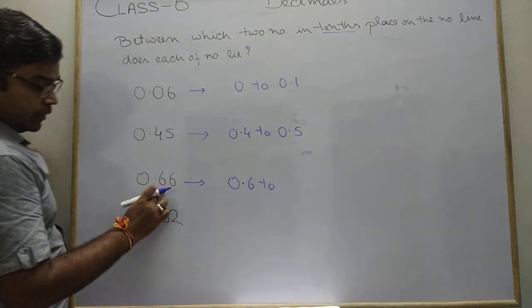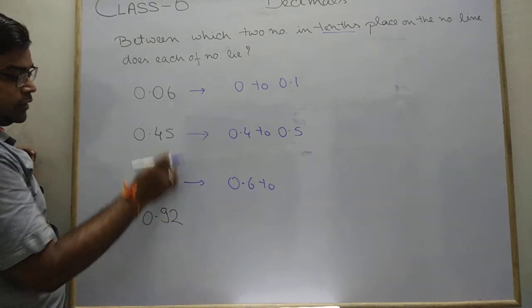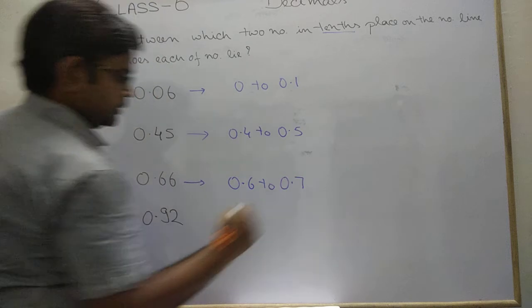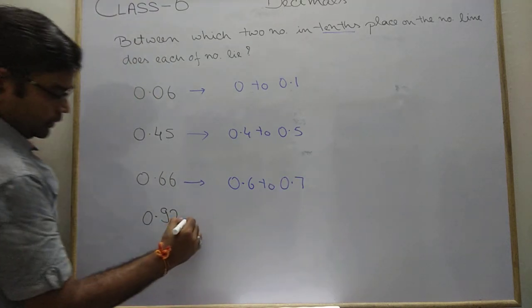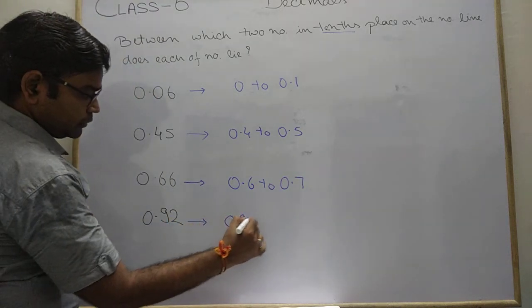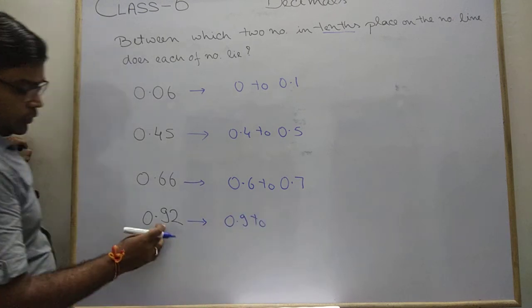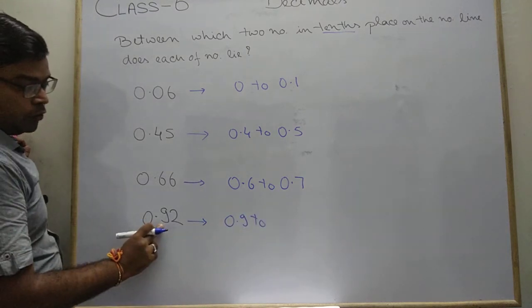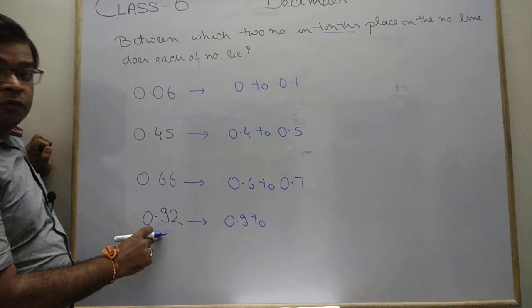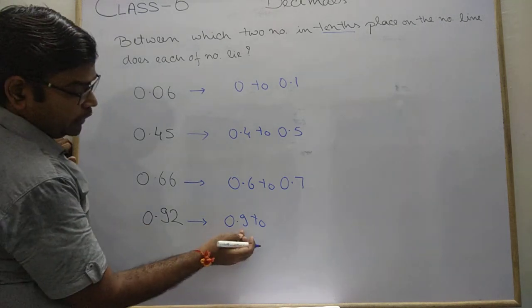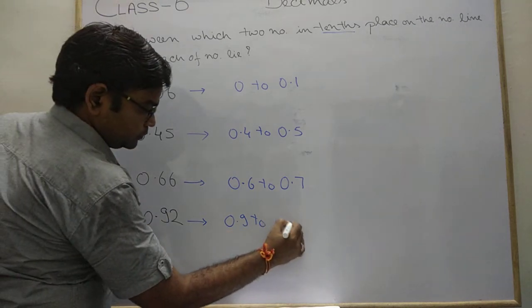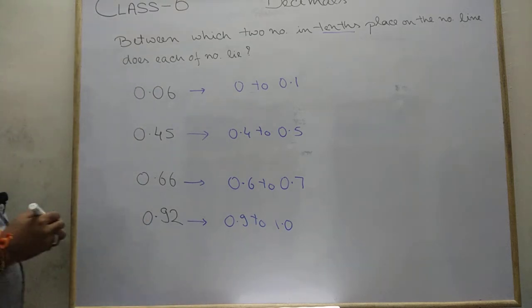Then the next higher, because this hundredths place must come in between, is 0.7. This one, 0.92. The next higher limit for 0.9 is not 0.10, it's 1.0, because 0.9 plus 0.1 is 1.0. So likewise you can find out.